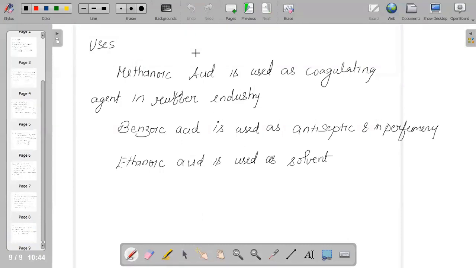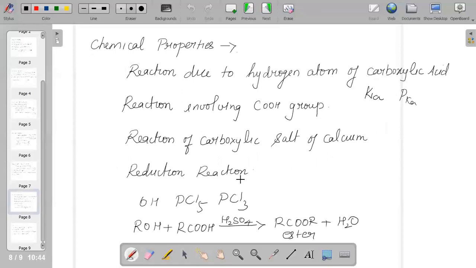Reduction: the acids can undergo partial reduction as well as complete reduction.